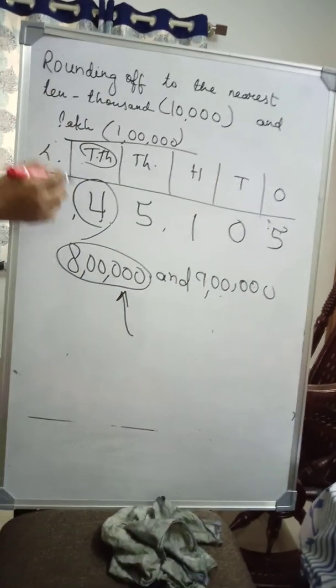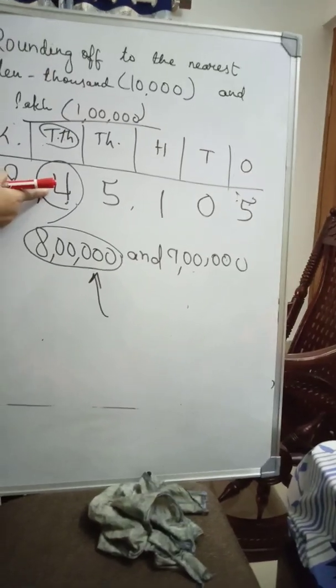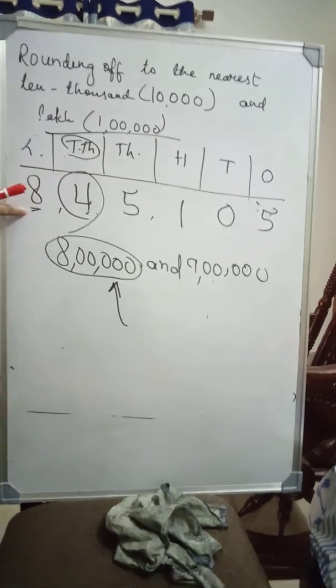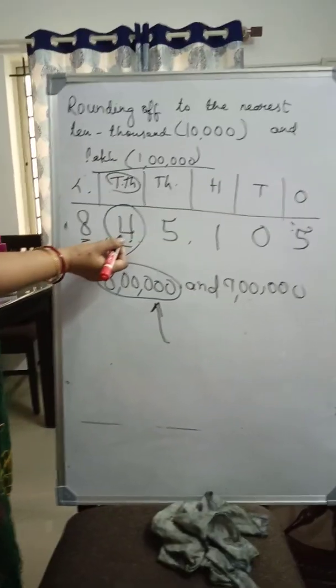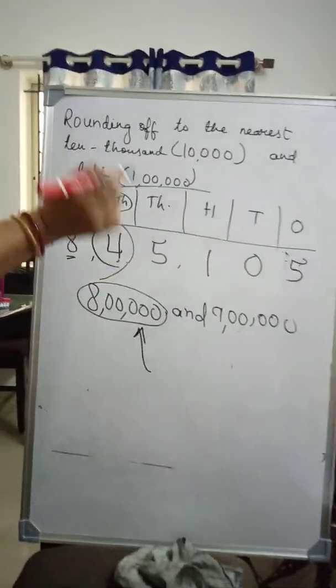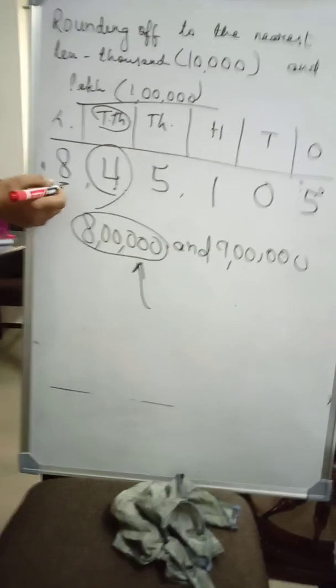Whenever we round off the lakh digit, we have to look at the digit at the 10,000 place. So to round the lakh digit, we have to look at the 10,000 digit. See, it is 4. When it is 4, then we have to round off to the nearest multiple of 1 lakh which should be less than this number.